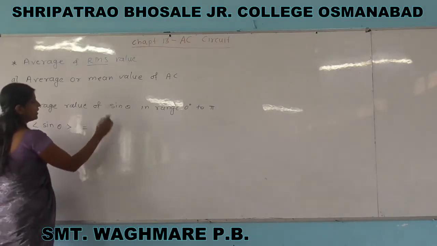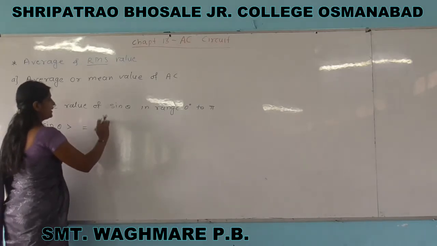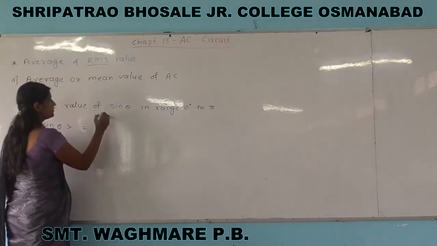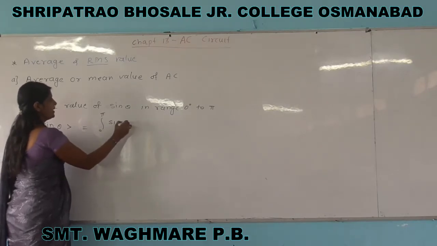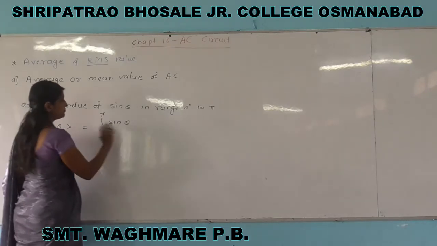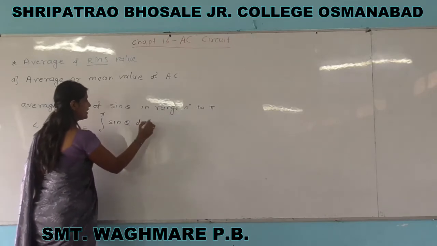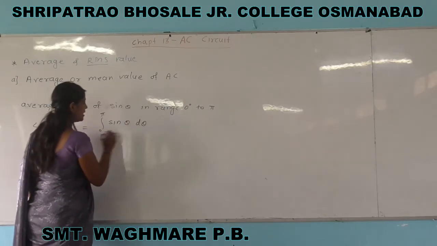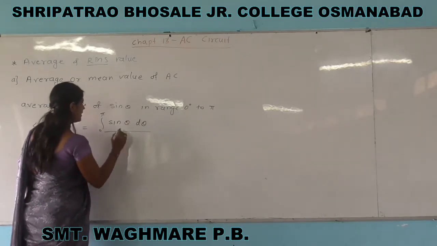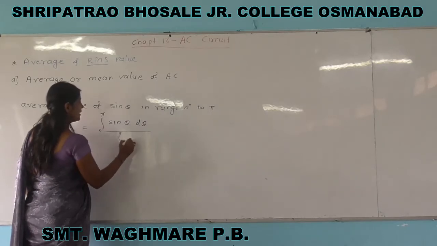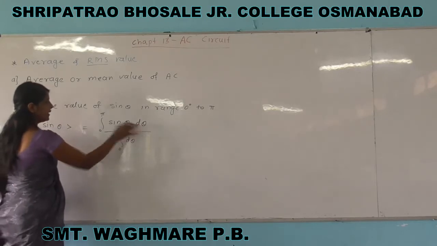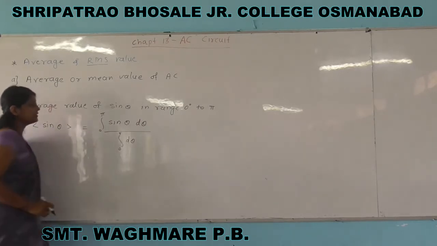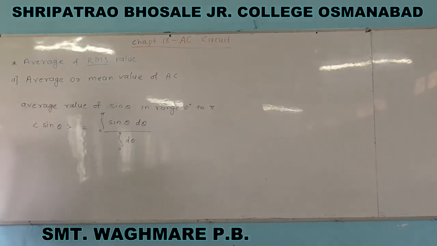To take the average value, we can integrate sin theta from 0 to pi. For integration, there is a necessity of multiplying by d theta and dividing by the integration of d theta.